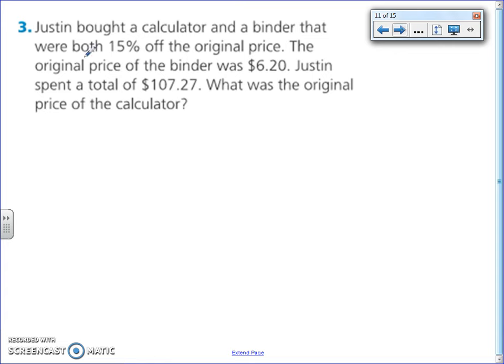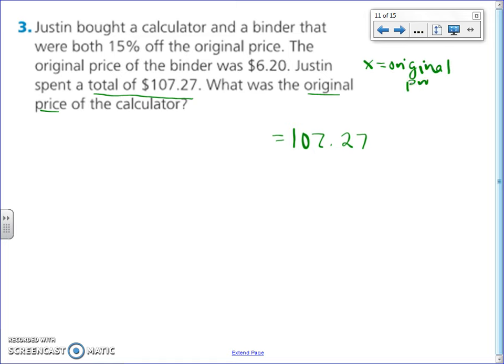Okay, so a couple key pieces of information here. The total was $107.27. So what that tells me is that something is going to equal 107.27. We're also looking for the original price, so I know that my variable x is going to stand for my original price of my calculator. Okay.